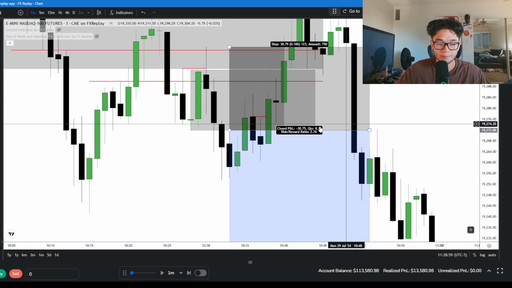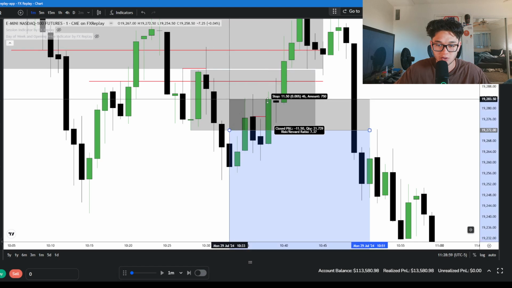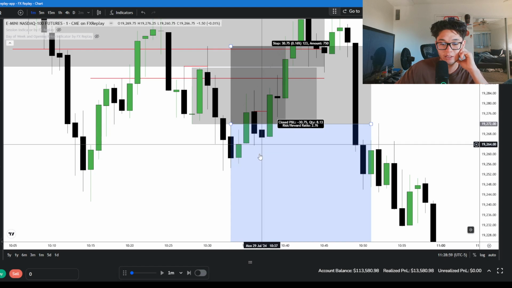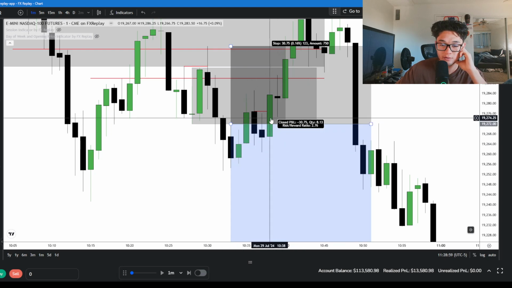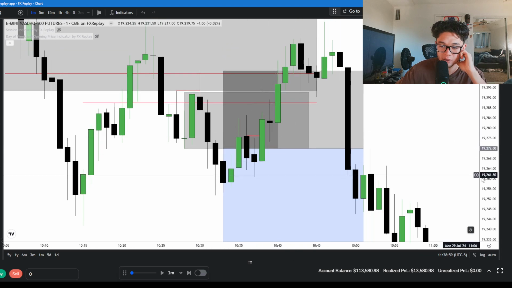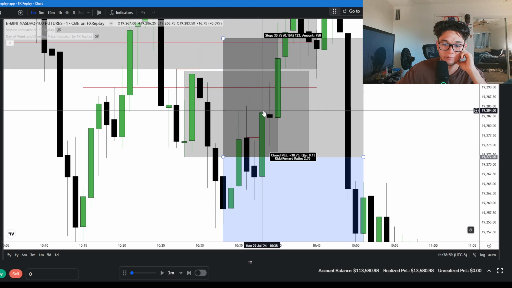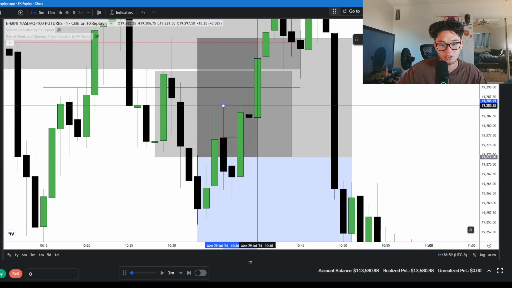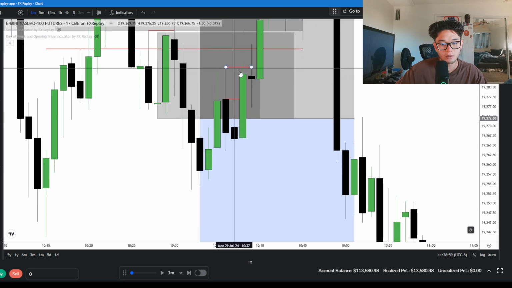So I lost 1% on this trade, but I could have lost only this much instead. As soon as I see these two candles close through to make a bullish order block, I can close the trade here. Say price does actually reverse and we start to go lower.